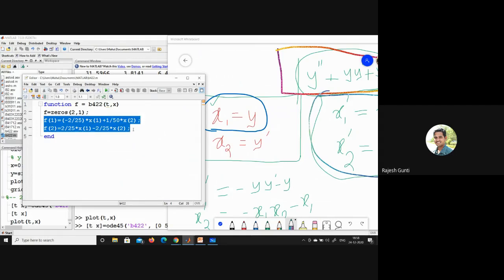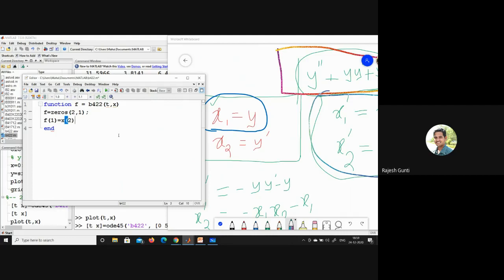What is the first one? f of 1 is equal to x1 dash, which is y dash, which is equal to x2.